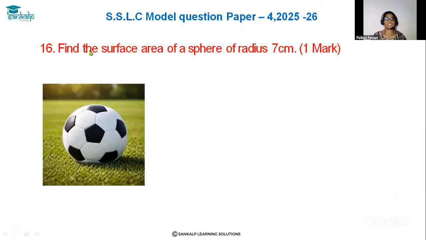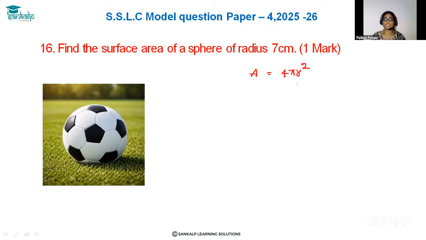Hello everyone. Look at the question number 16. Find the surface area of a sphere of radius 7 centimeter. Okay. So here, formula for the surface area of sphere A is equal to 4 pi r square. So here r is the radius of the sphere.